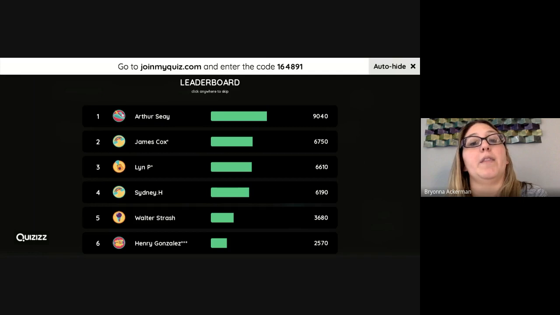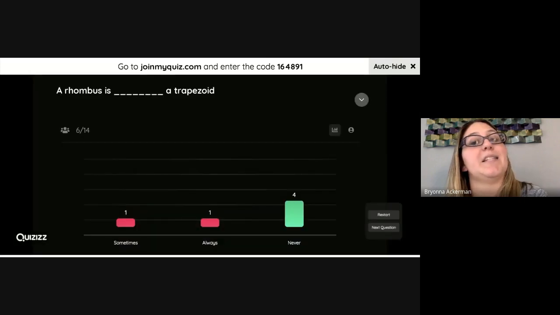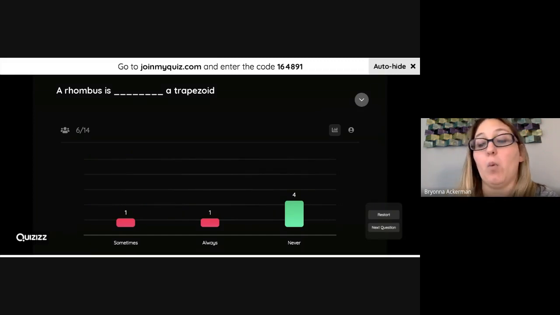Okay, so in this case, a rhombus is never a trapezoid, guys. They do not have the same properties where they can line up to be one or the other, okay?